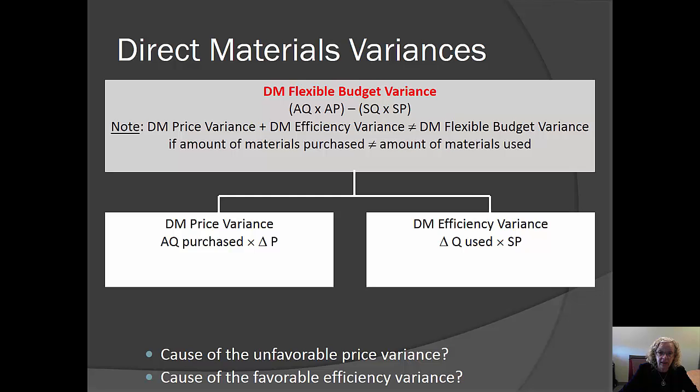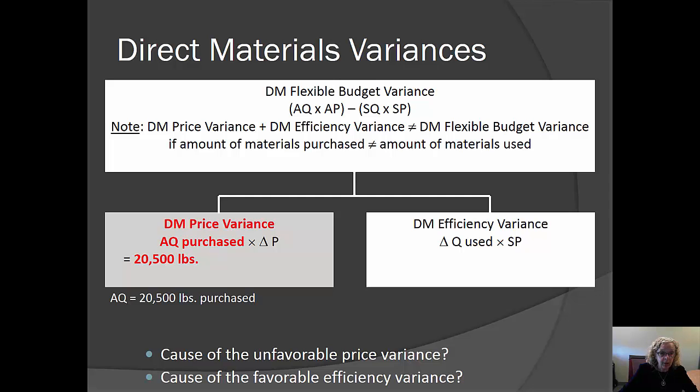the efficiency variance. So for the price variance, we know how many pounds of material we bought, that was given, and we know that we actually paid $3.10 per pound, whereas our standard was $3 a pound.